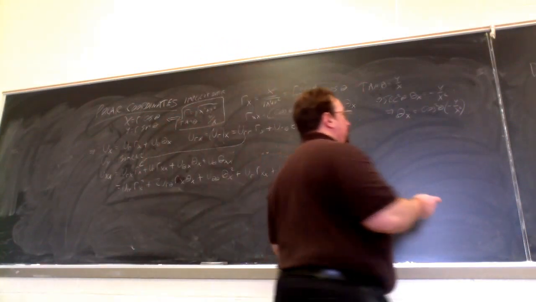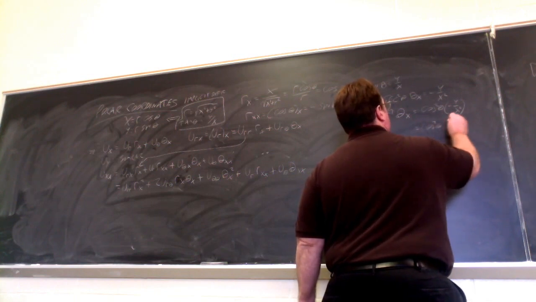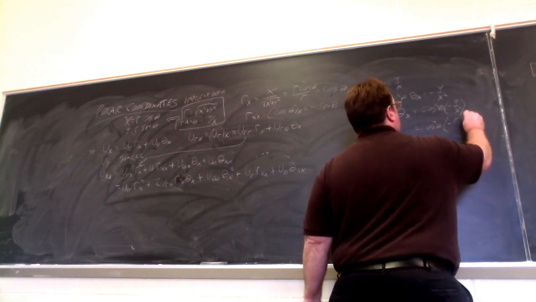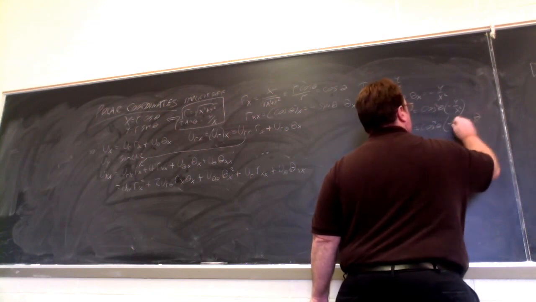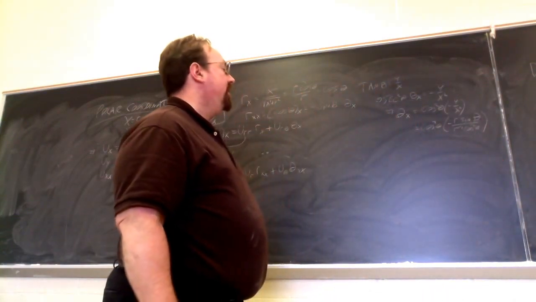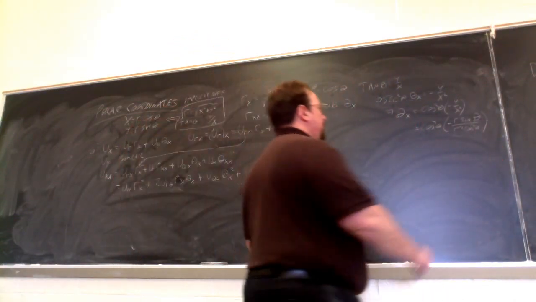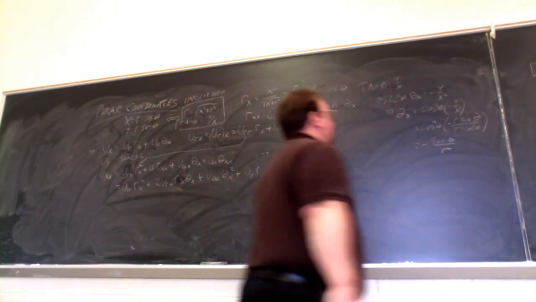Now, if I plug in polar coordinates for everything, I get cosine squared theta times minus r sine theta over r squared cosine squared theta. Well, the cosine squareds cancel out, and one of the r's cancels out, and I get minus sine theta over r.